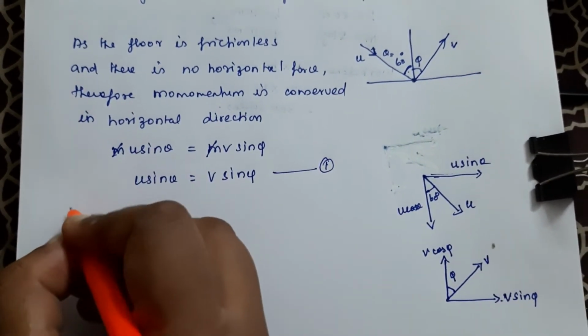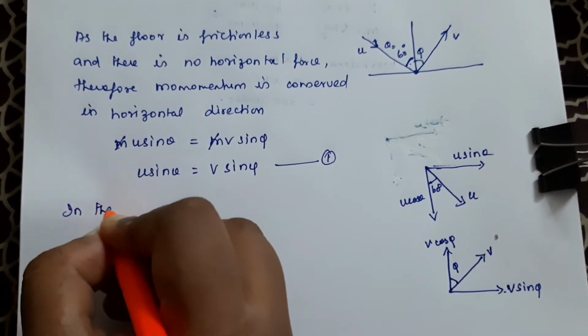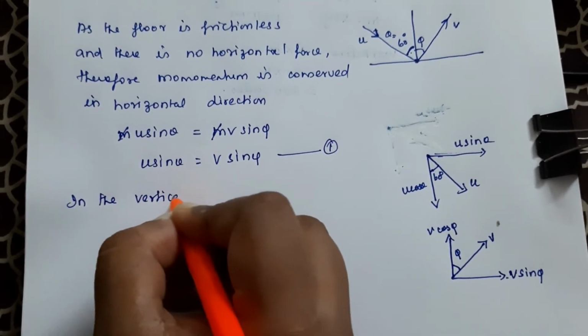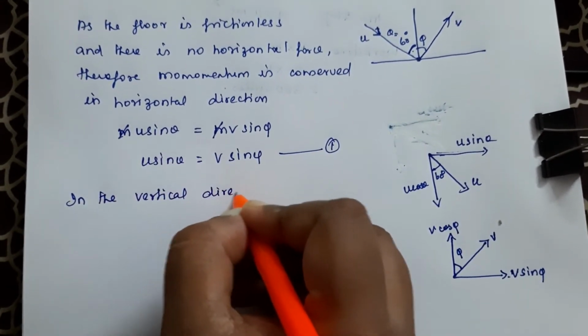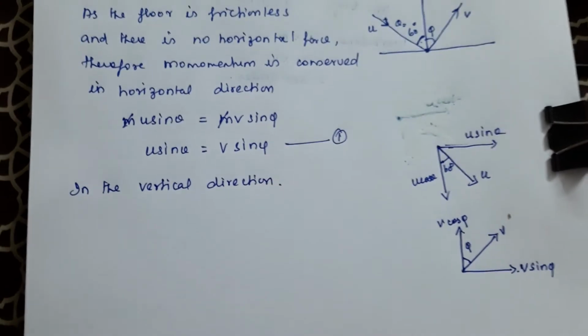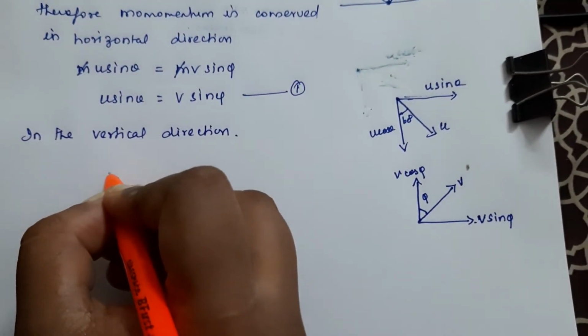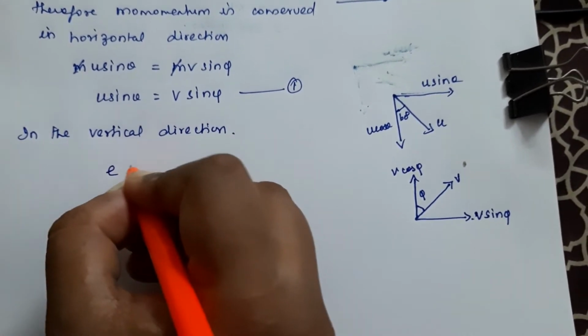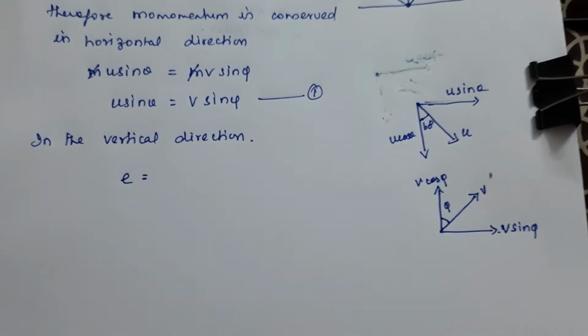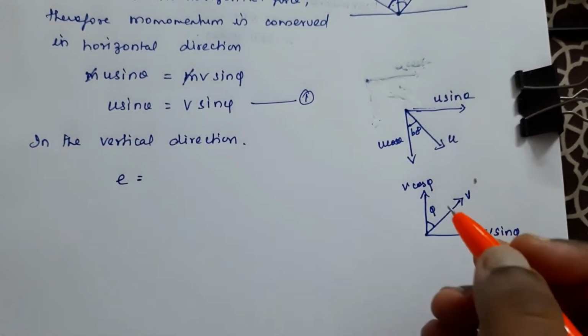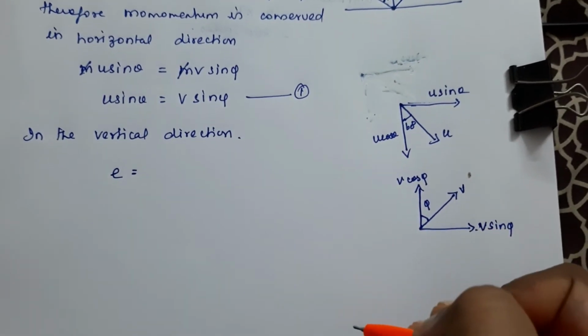Now in the vertical direction, the velocities are not same. So we can equate it with the coefficient of restitution. So e is equal to velocity after impact by velocity before impact.